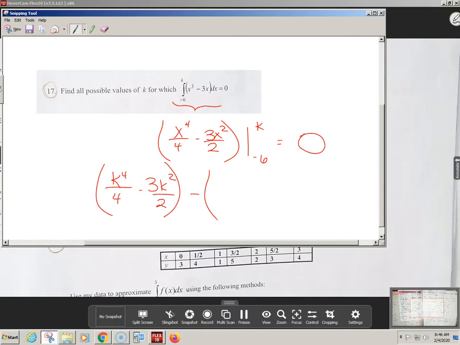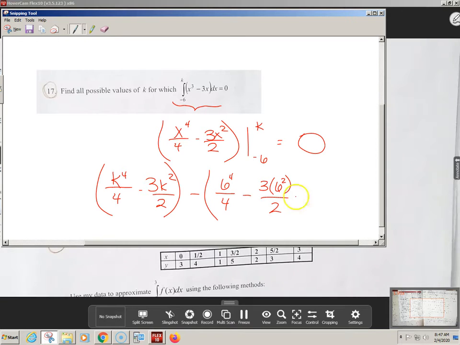If you guys notice, though, this starts to get really gross and really messy, right? Yes. So we could keep plugging in, and we would end up with 6 to the 4th, because a negative to the 4th is positive, all over 4, minus 6 squared is 36, 36 and 3. I'm just going to put 3 and 6 squared, if you guys don't mind, all over 2.